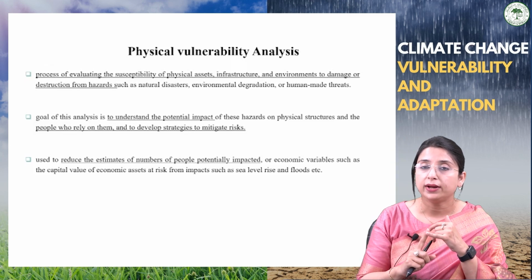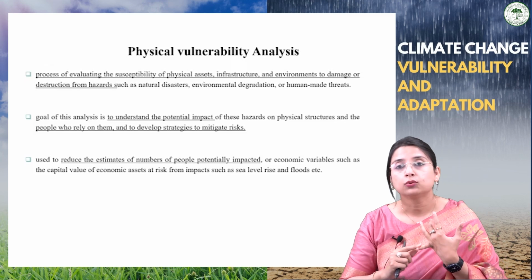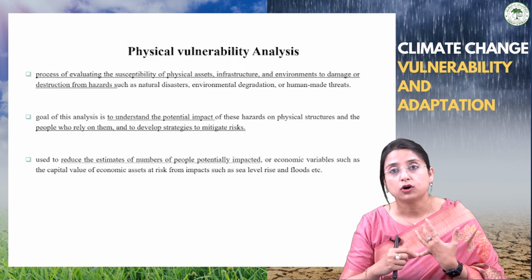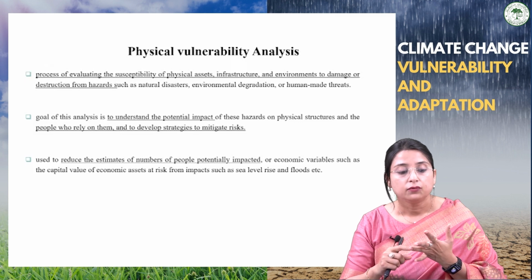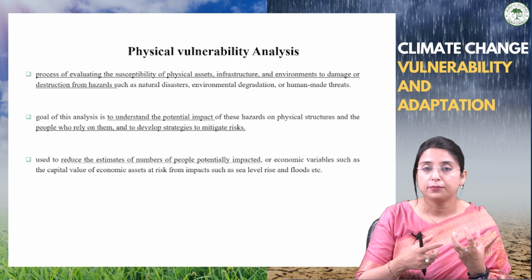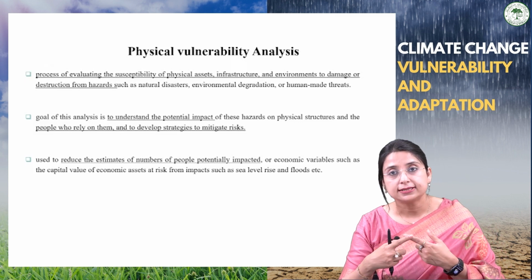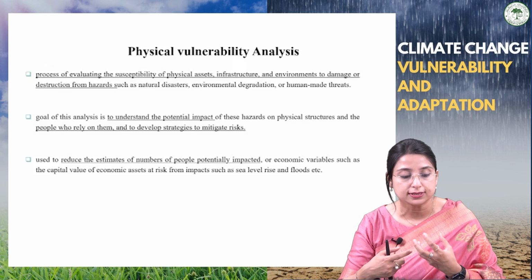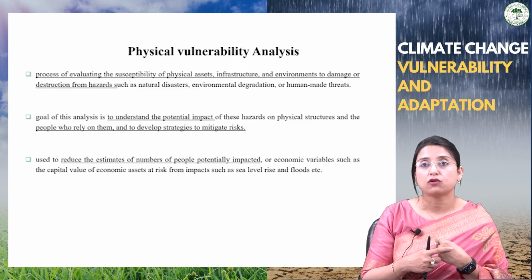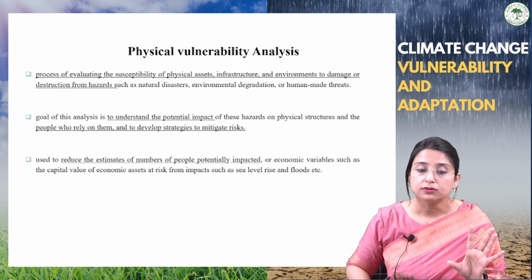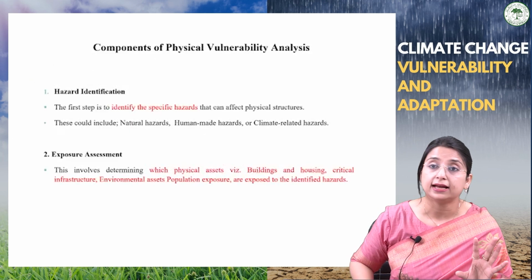So we have to evaluate the susceptibility of the particular infrastructure, asset, environment, or ecosystem to hazards or disasters related to climate change. Then we have to understand the potential impact of those hazards on the community and the people. Once we understand, we can suggest or draft strategies to mitigate that risk, and only then can we reduce the estimates of the number of people or ecosystems impacted through climate change. So this is what physical vulnerability analysis is.